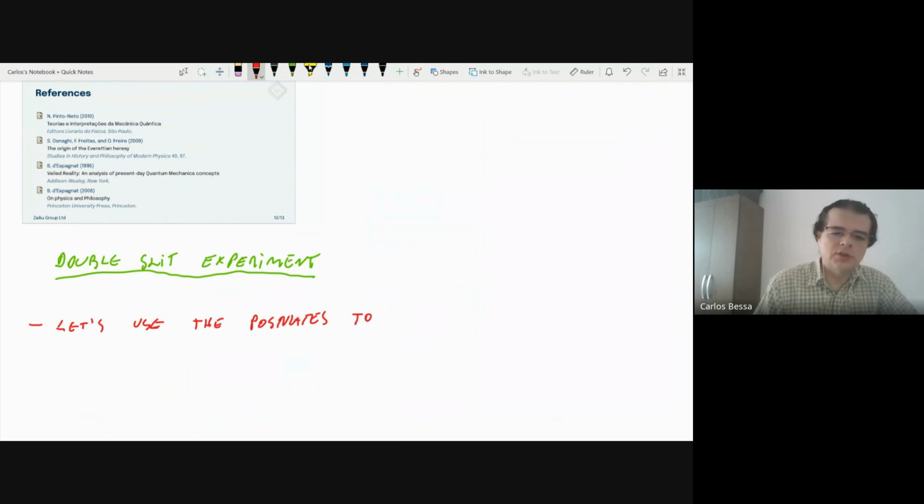Let's use the postulates to describe the double slit experiment.